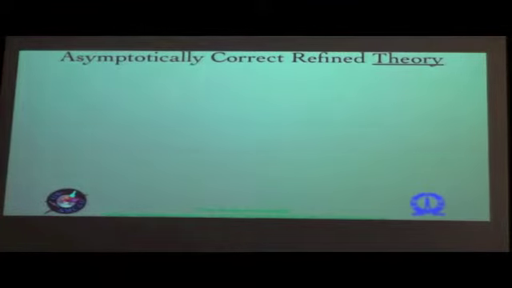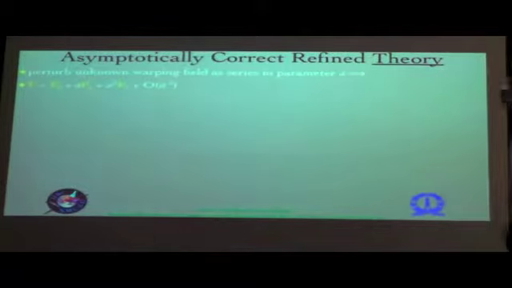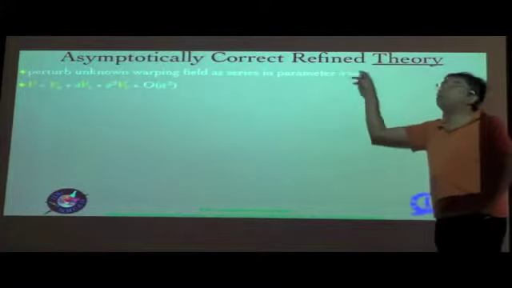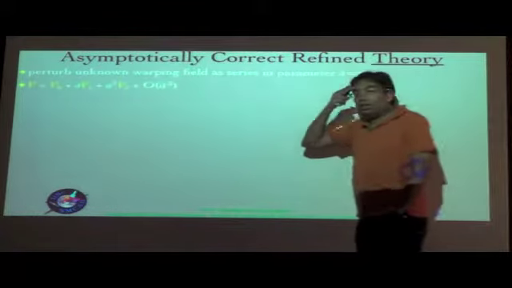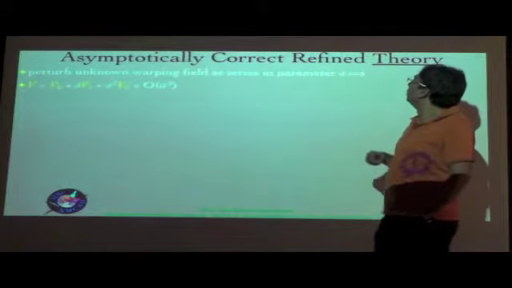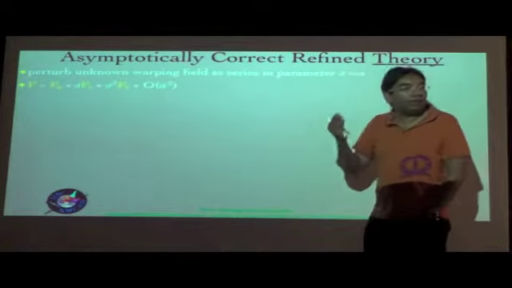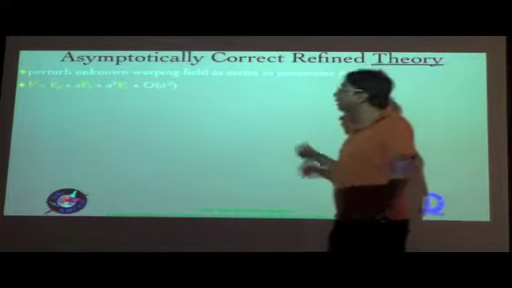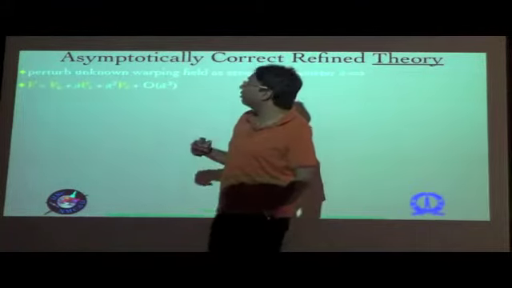Asymptotically correct refined theory. First of all, the theory aspects of it. We perturb the unknown warping field as a series in the parameter A bar that we introduced in the last slide before the title slide, and that was basically either order of magnitude of A by L or order of magnitude of A by R, right? The initial radius of curvature.